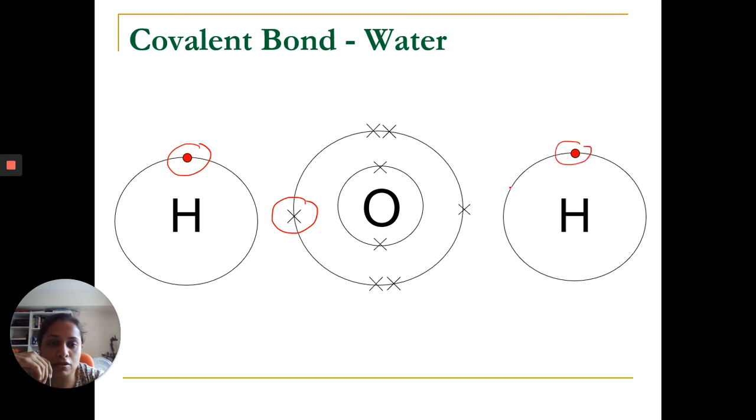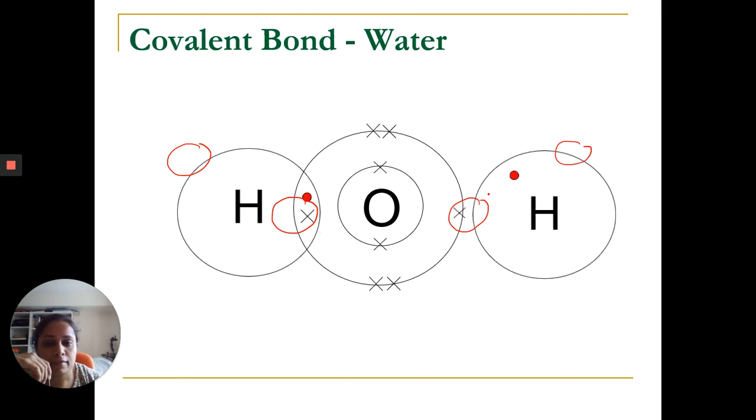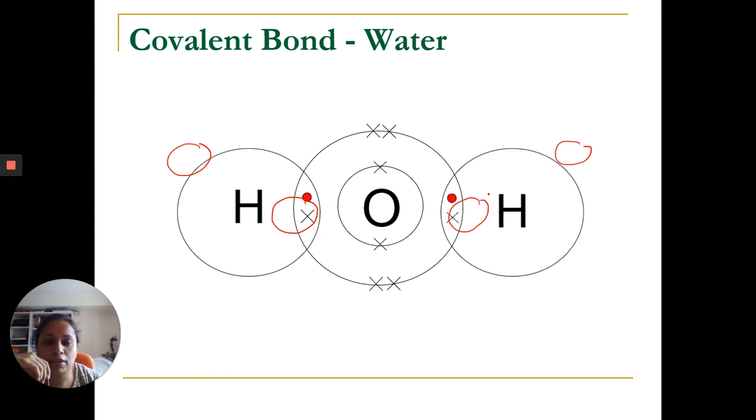So this dot will combine with this. You just have to move the overlapping region, and when I draw the structural diagram, O has 1 line like this. So this is your H2O. This becomes a H2O molecule.